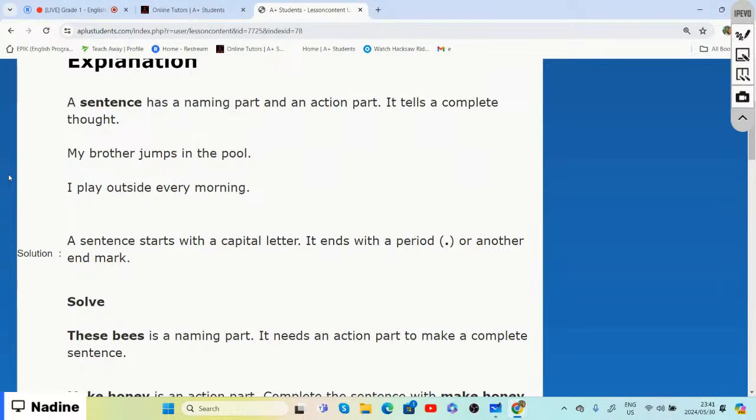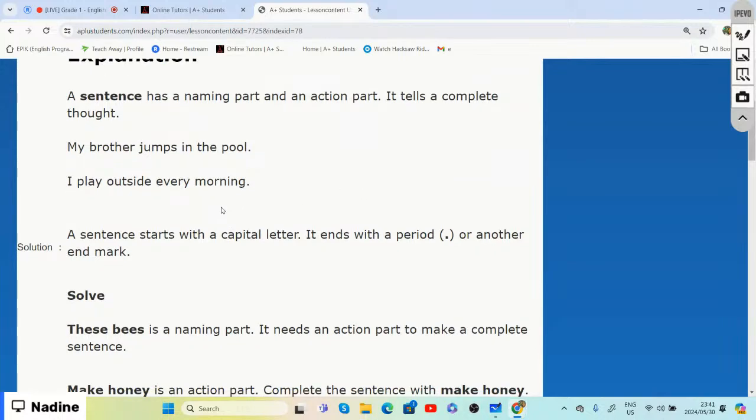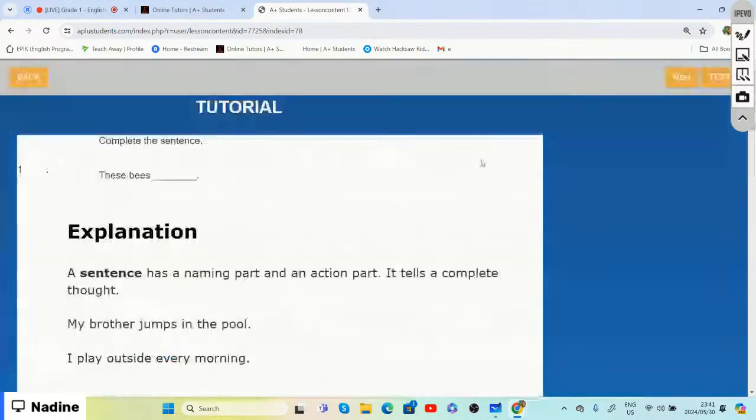We said a complete sentence needs to have a naming part as well as an action part. All right, let's go to our test.